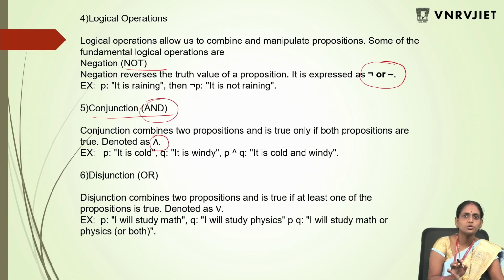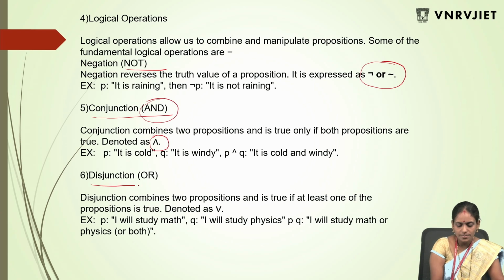So always we are going to apply this conjunction for molecular statements, not atomic statements. We are not going to consider single statements. We are going to consider more than one statement. Between those statements, the word that we are going to use is and.